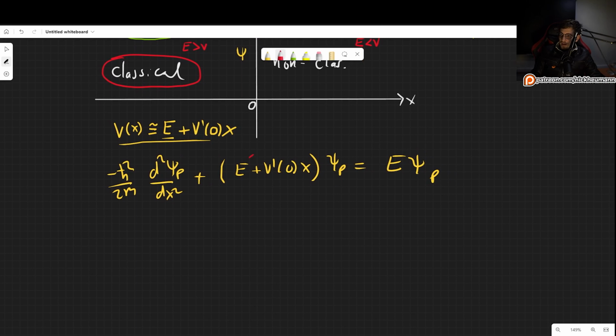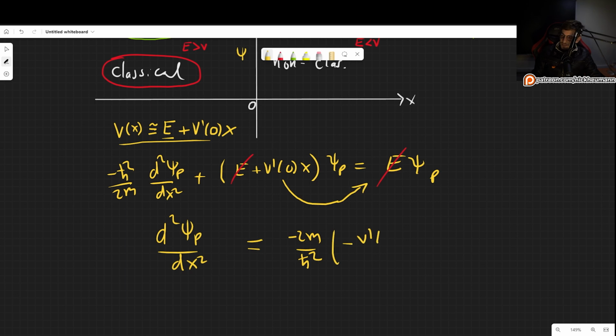Now, the energies cancel each other out. And we get d squared psi_p dx squared. This is equal to minus 2m over h bar squared. Right, we can divide, not divide, but rather subtract this quantity, minus V prime of 0 x psi_p.